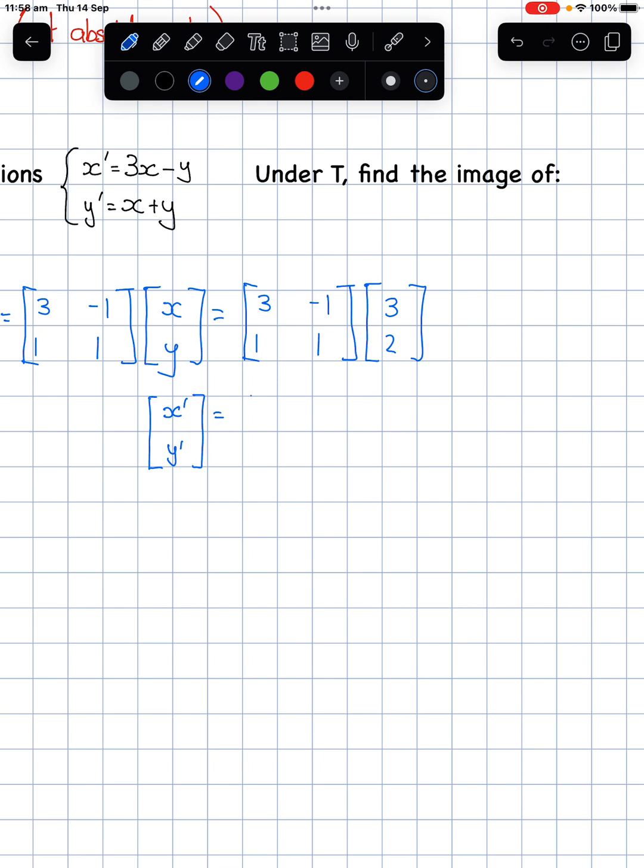And we've got here a 3 times 3 plus a -1 times 2. Okay, and then we've got a 1 times 3, so 3 plus a 1 times 2, which gives us 2, which means this thing here equals 3 times 3 is 9, take 2, gives us 7 and 5.